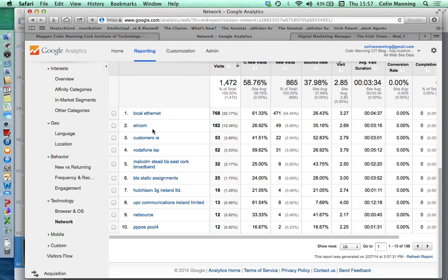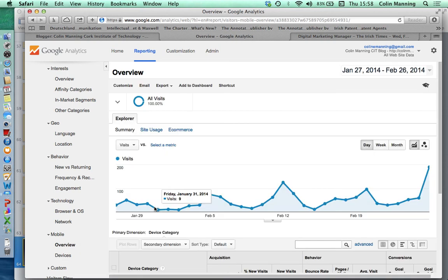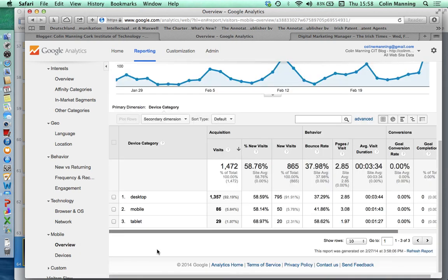That's useful information. If you're a business, knowing people are surfing from home rather than at work tells you a lot. How many mobile people? 92% desktop. Again, that shouldn't come as a surprise to us. Most people don't open my blog from one end of the week to the other except when they sit down in the lab.